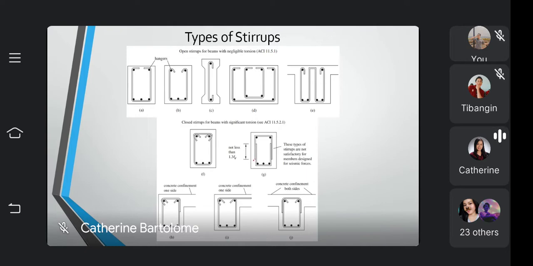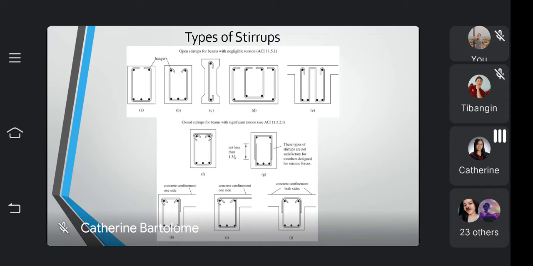But if you are going to do that, take note that the overlap is not less than 1.3 Ld, where Ld is the development length. We have a standard development length because the overlap cannot be too small. It also cannot be too close up to the end. We have a certain limit.